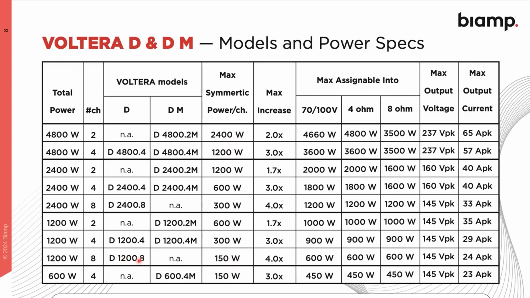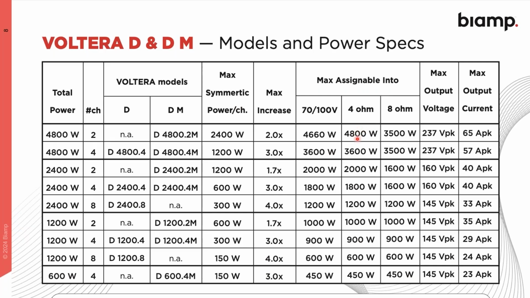So for an 8-channel 1200 watt, we'll get 150 watts. But we can, through power sharing, assign power or reserve power to any single channel of up to 600 watts on the 1200.8. Again, looking at the 4800, jumping back up to the top here, the 4802M.